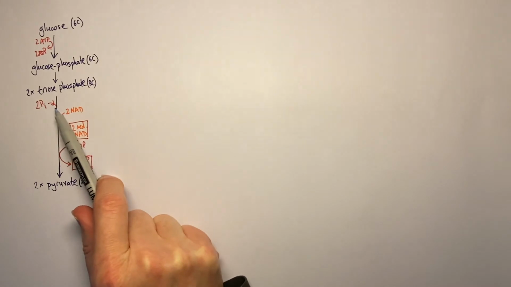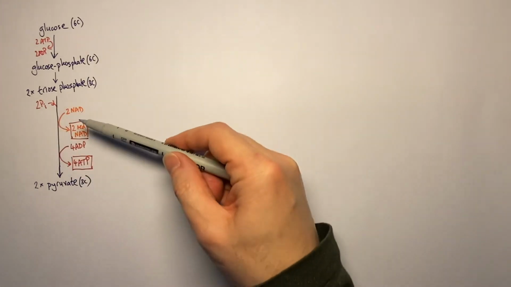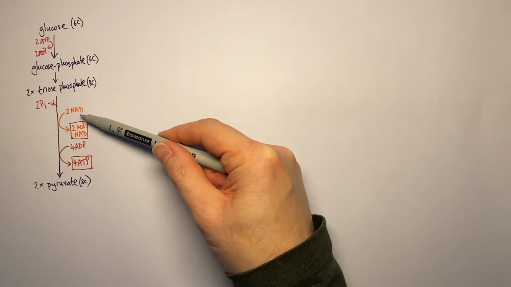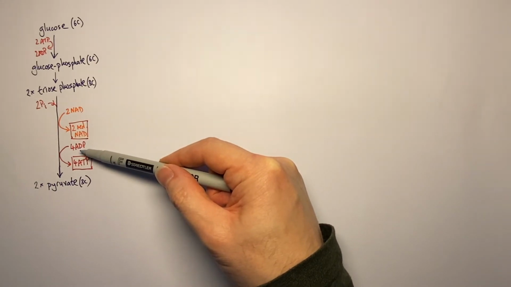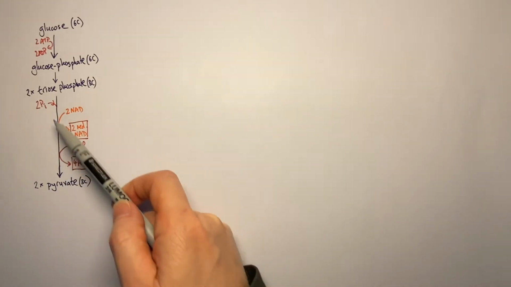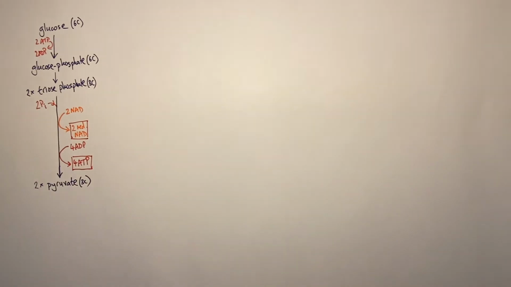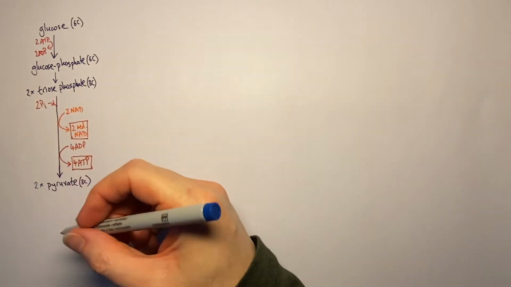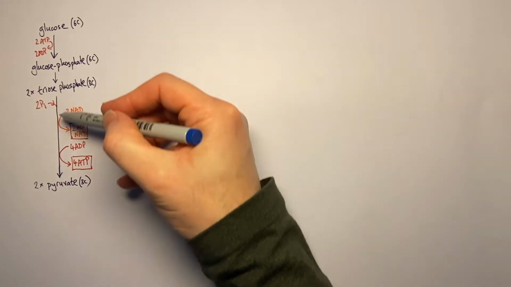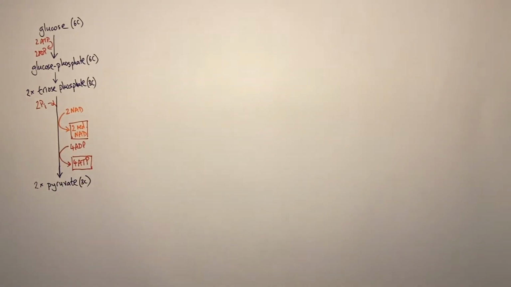We have a bit more phosphorylation here, and then we have got an oxidation or a dehydrogenation, the removal of hydrogen. Then we have a bit of ATP formed from ADP and the phosphate groups that had been added here. And we end up with pyruvate. So this process we would call glycolysis, and this takes place in the cytoplasm of the cell.